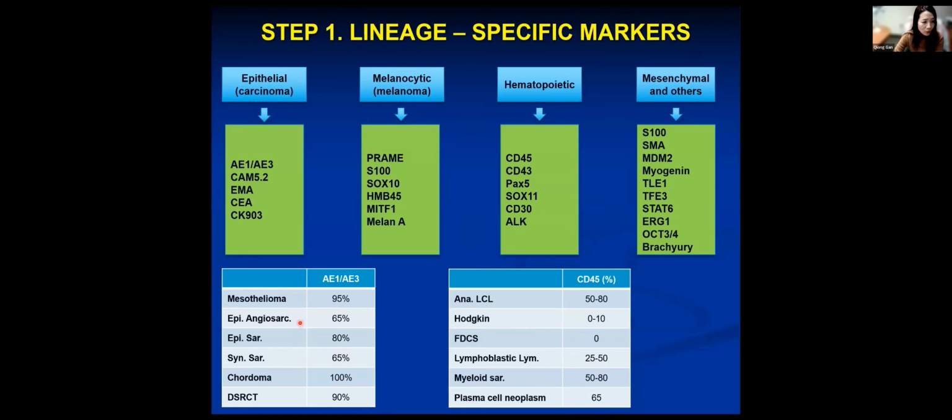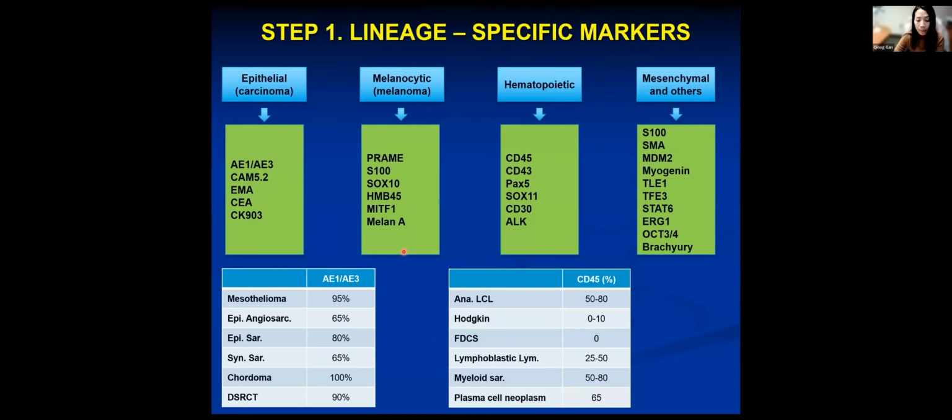For example, mesothelioma, epithelioid angiosarcoma, synovial sarcoma, desmoplastic small round cell tumor, and chordoma can all have high expression of AE1/AE3, right?